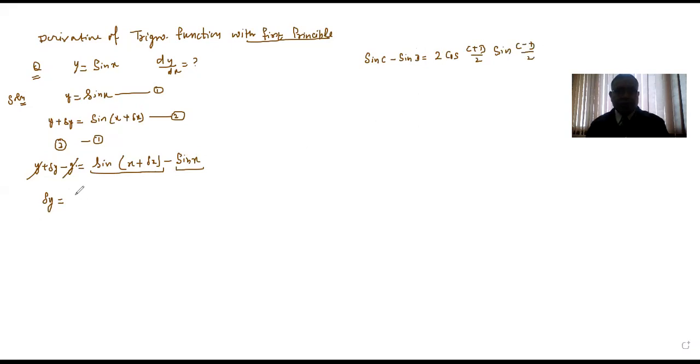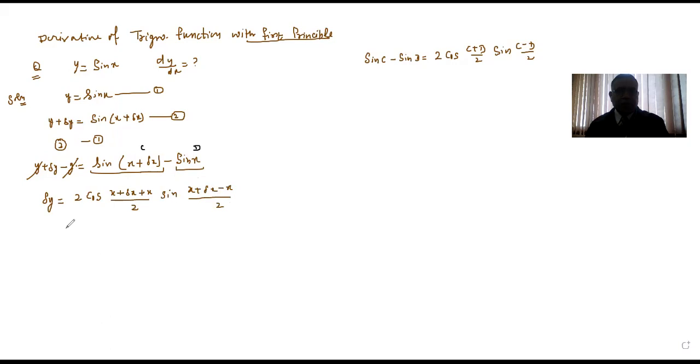So which is equal to 2 cos. So my first angle is C and this angle is D. So this is equal to C plus D, x plus delta x plus x upon 2, sine C minus D, x plus delta x minus x upon 2.